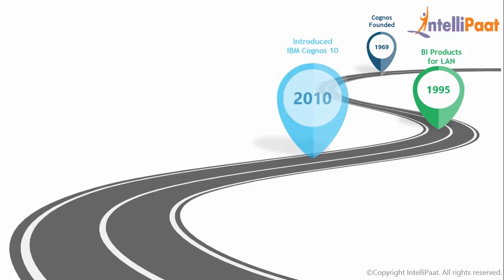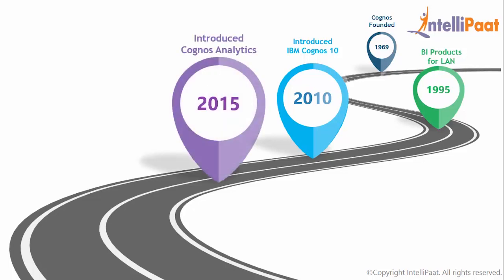In 2010, IBM Cognos 2010 was a vastly improved release and set the bar high for integrated business intelligence platforms and performance management. In 2015, Cognos was redesigned to resemble IBM Watson Analytics in self-service functionality and named Cognos Analytics.